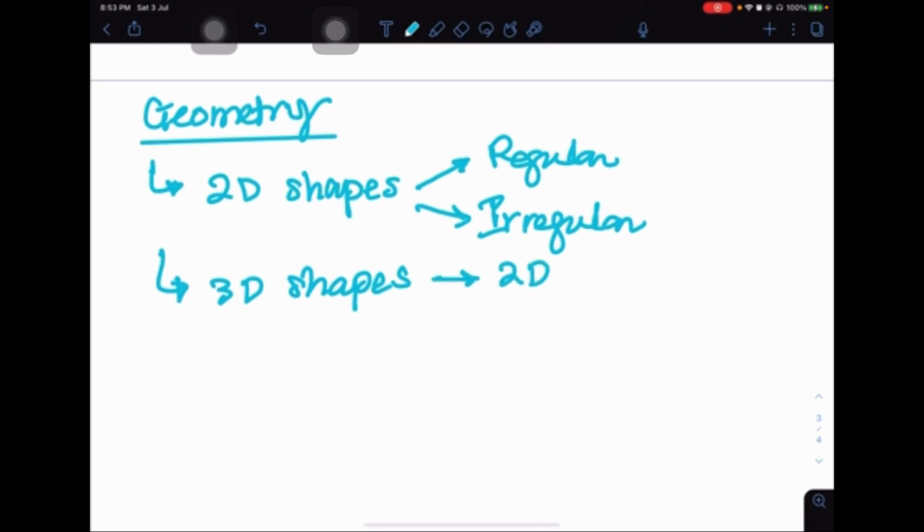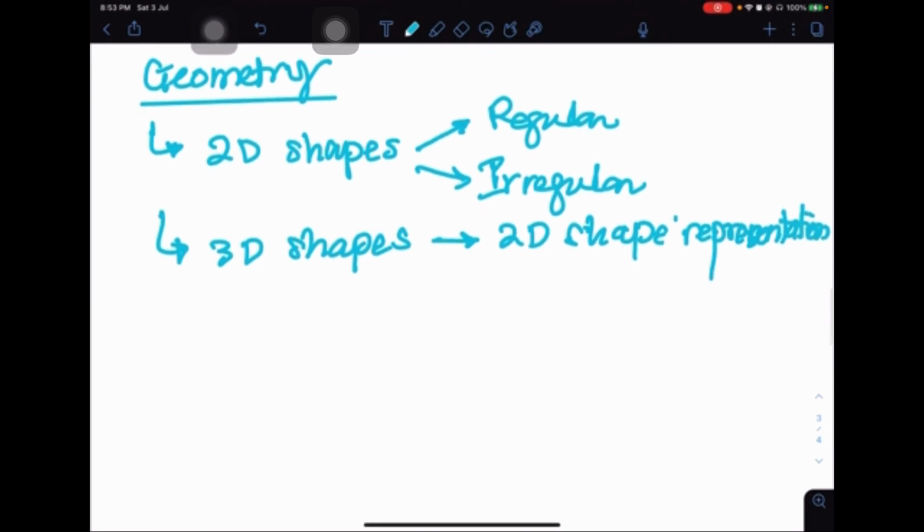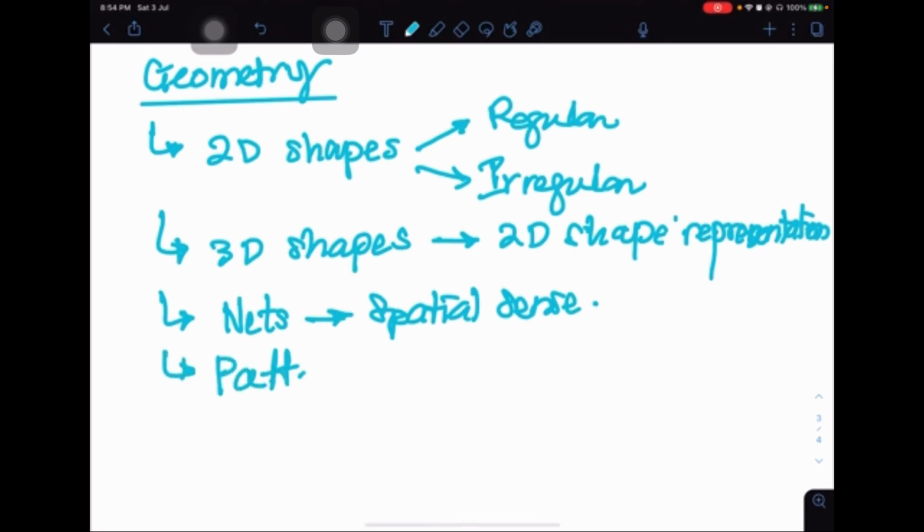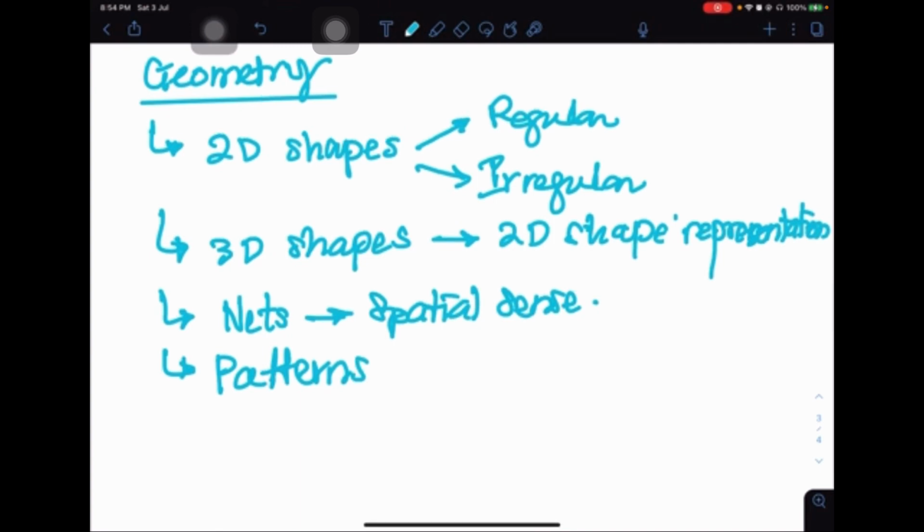Next we have 3D shapes, which actually began from 2D shapes, so you need to show how 2D shapes represent 3D shapes. Next, we looked at nets. Under nets, we are using spatial sense because you need to put together the patterns, the nets, to come up with the 3D shapes.